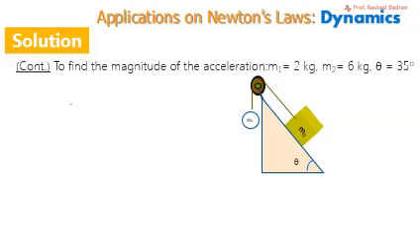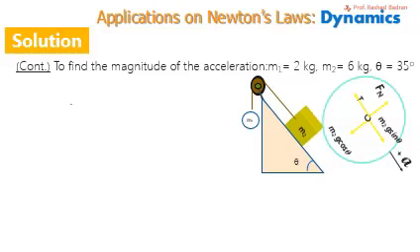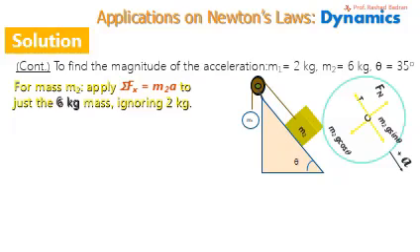To solve the problem, now we have this free body diagram for mass 2, and the resultant force along the x-axis is the product of M2 and the acceleration. We are working now on mass 2 as if the first mass is not there, and then we set up the equation for the second mass, M2, along the x-axis.